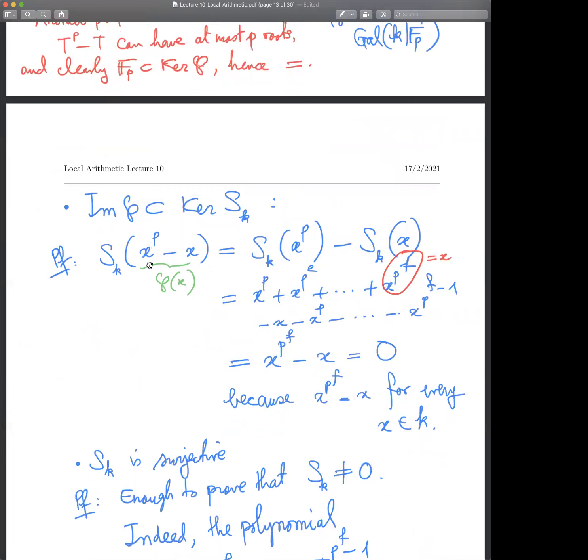So I take an element in the image of P. It will look like x to the power p minus x for some x in little k. And I take its trace and I'll check whether I get 0 or not. So the trace is linear. So I'll get the trace of x to the p minus the trace of x.